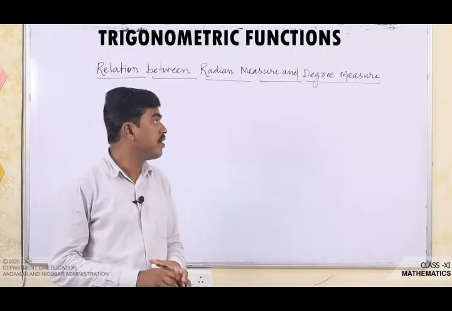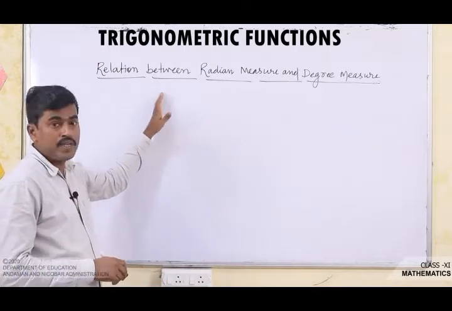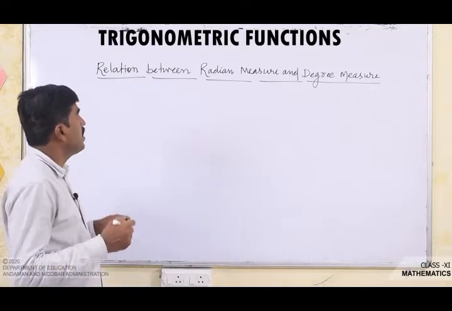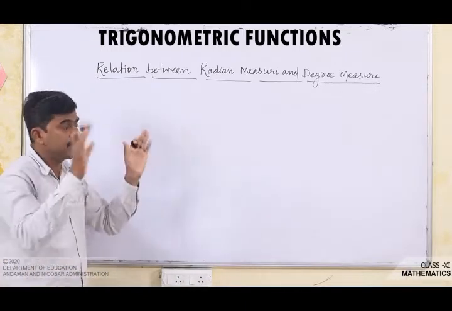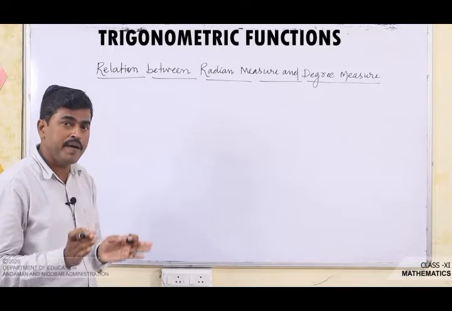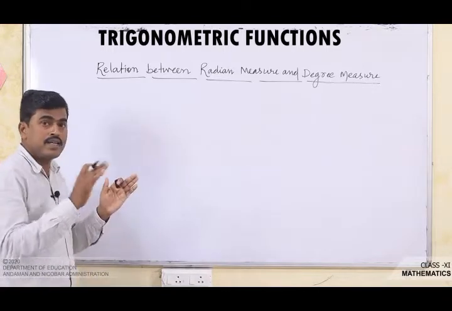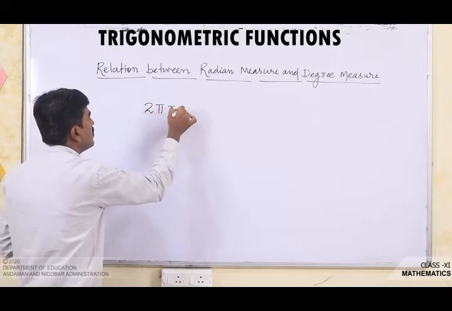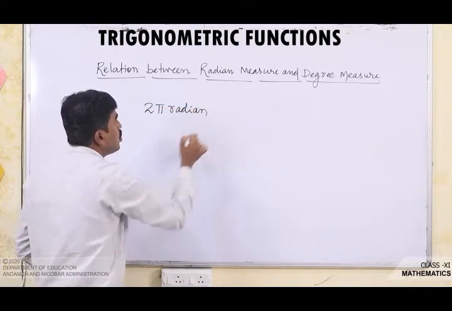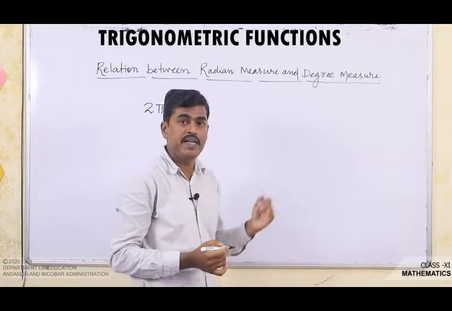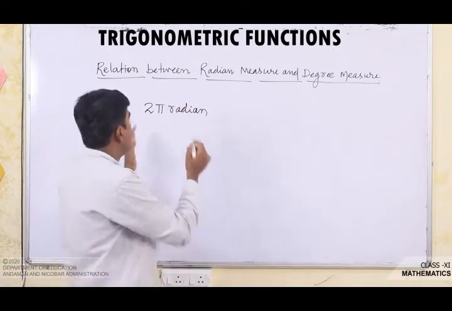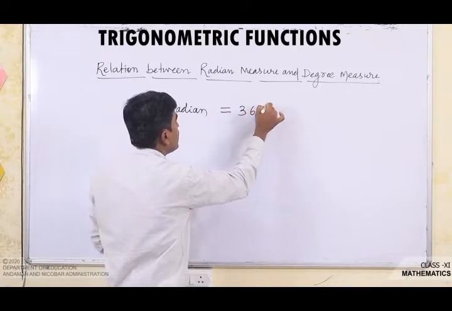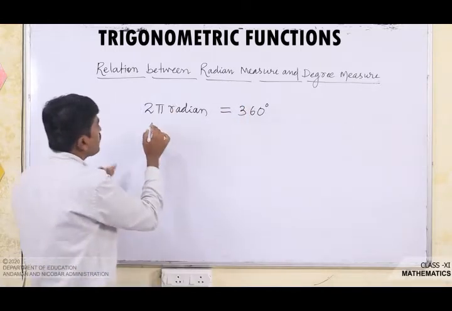Clear? Now let us talk about the relation between radian measure and degree measure. We know that in radian measure a circle makes an angle of 2 pi radian at the center. That is, the complete angle in a circle is 2 pi radian. And in degree measure the complete angle is 360 degrees. So definitely 2 pi radian is equal to 360 degrees.